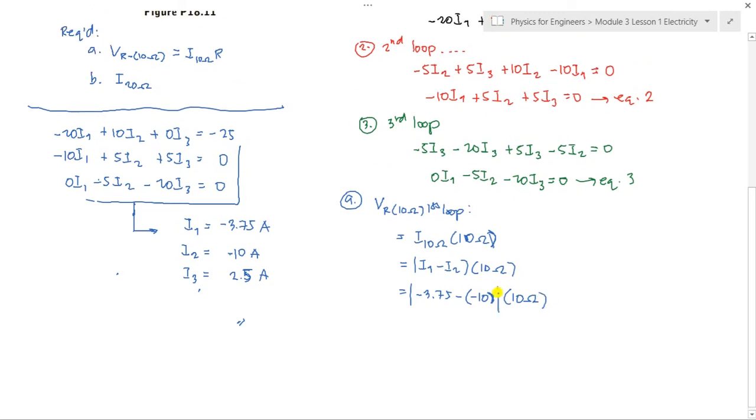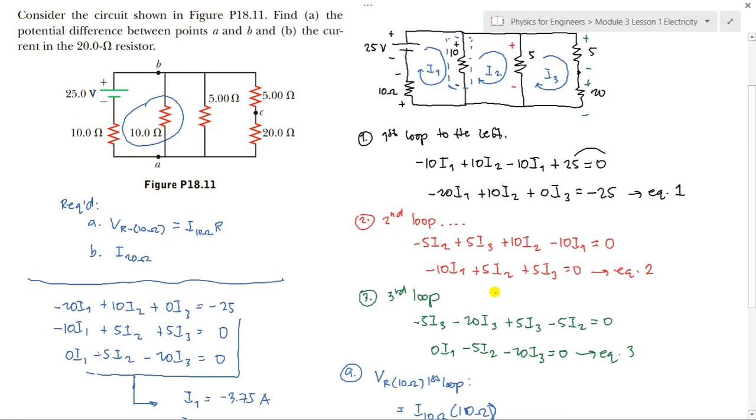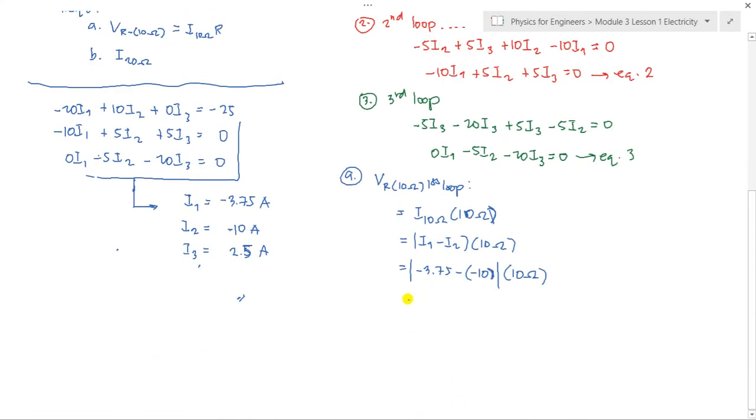So here, we just take the absolute value: negative 3.75 plus 10, that would be 6.25.